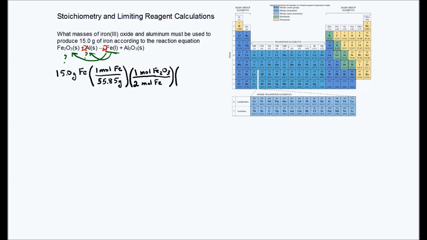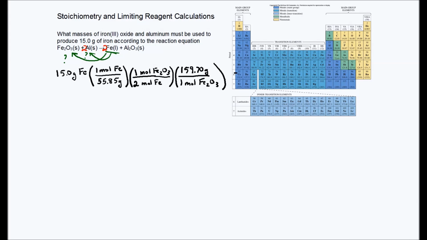And then I can convert back, taking the 1 mole of Fe2O3 using its molar mass to give me then grams. I've got 2 irons. Each iron is 55.85, so 2 times 55.85, plus I got 3 oxygens, 3 times 16, gives me 159.70 grams.